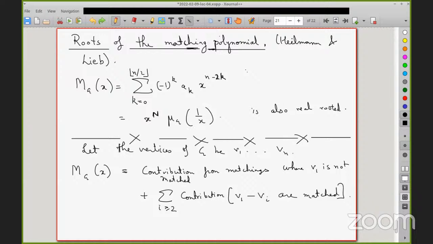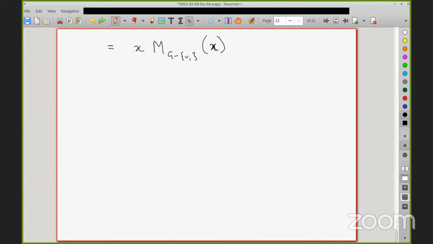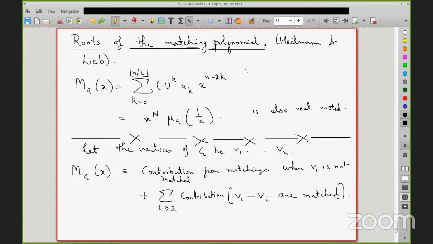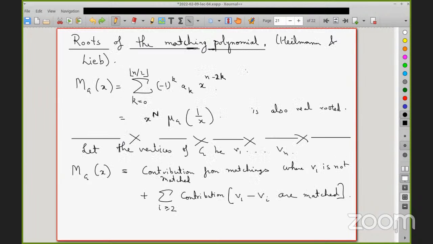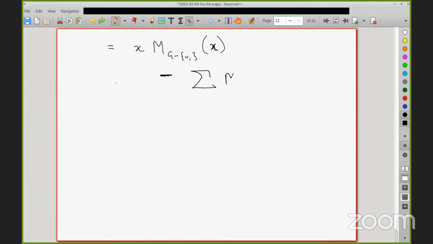So delete those two vertices and sum x squared into... No, not 1 over x squared. So no 1 over. So let's see. If it is matched, neither of the two vertices is contributing anything, right? So this is just minus the sum, because now I have removed an edge, of m of G minus v1 vi of x.